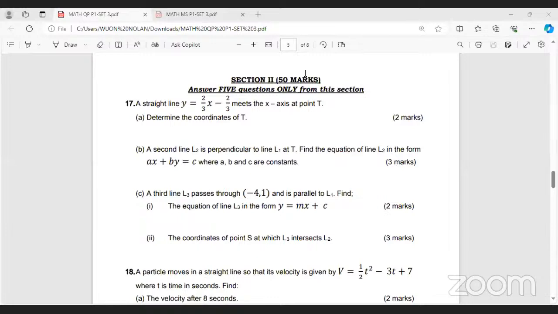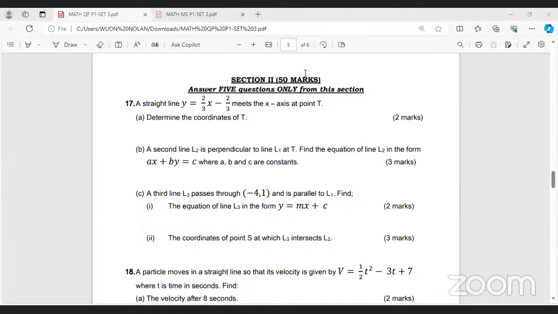When we have a line crossing this way, this is my line, let's say it is my line L1. At the point where it is crossing the x-axis, if this is the point T, there is a value of x that we should be looking for, but y is 0, because on the x-axis, y is 0. On the y-axis, x is 0.